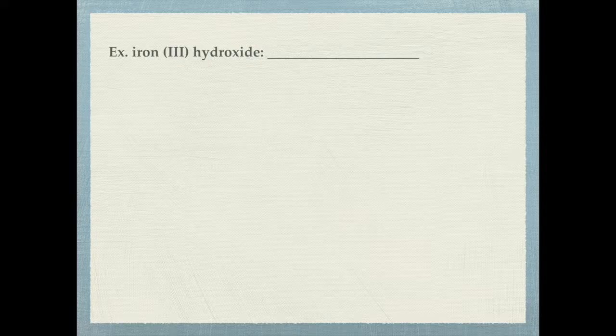There'd be a subscript 1 for iron, so I'm not going to write anything, and there's a subscript 3 for hydroxide. Make sure, however, if you were to write FeOH3 and that's it, that means you have 1 oxygen and 3 hydrogens, and that's not correct. You want 3 hydroxides. So the way you would write this compound would be Fe(OH)3, with the OH in parentheses and a 3 outside.